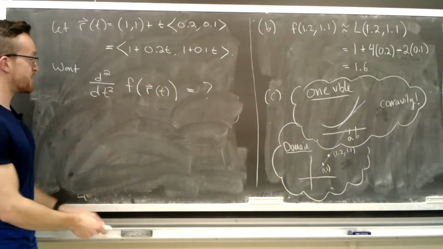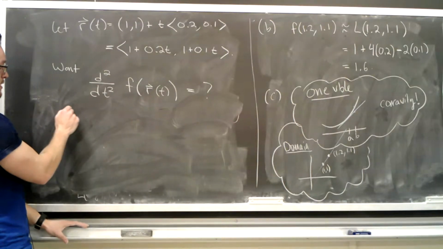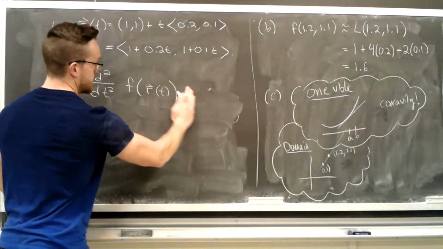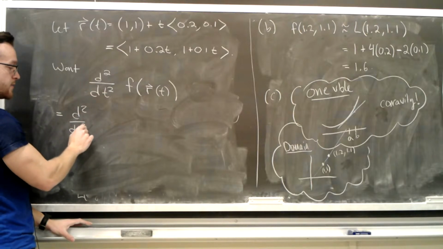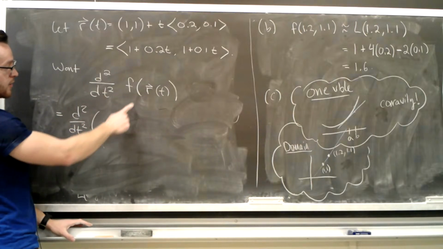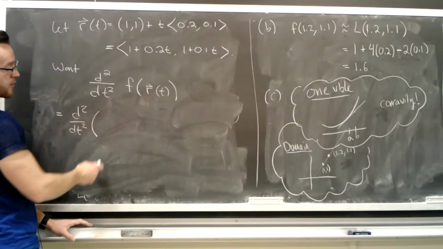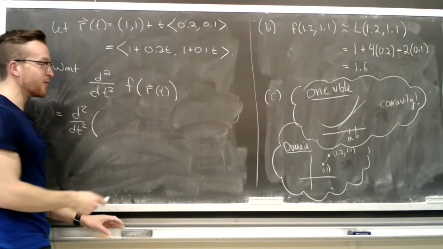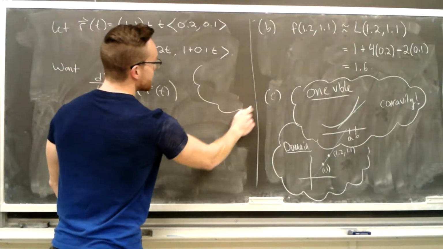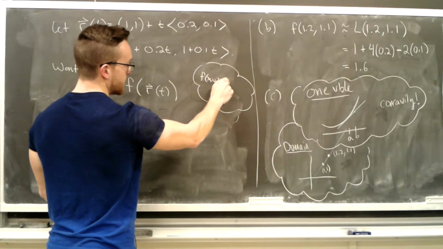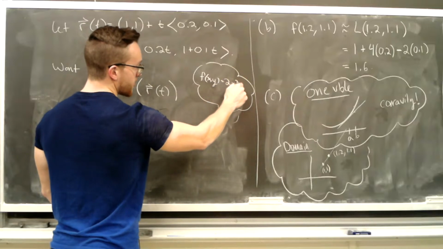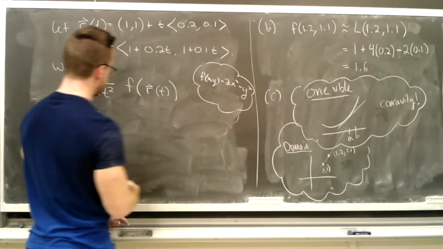So then it's just a matter of computing this. So this would be the second derivative of, what is f of R of t? I erased f a long time ago. I'll remind you what it was. F was, if I can remember, 2x squared minus y squared.